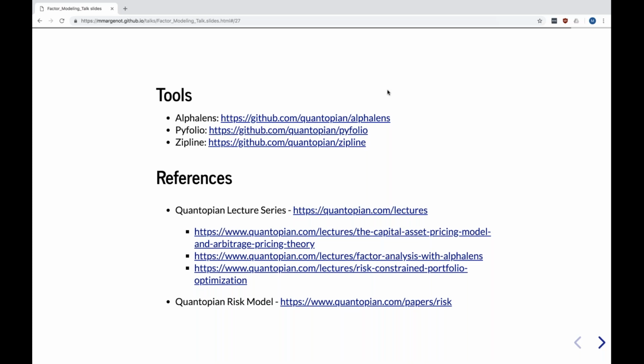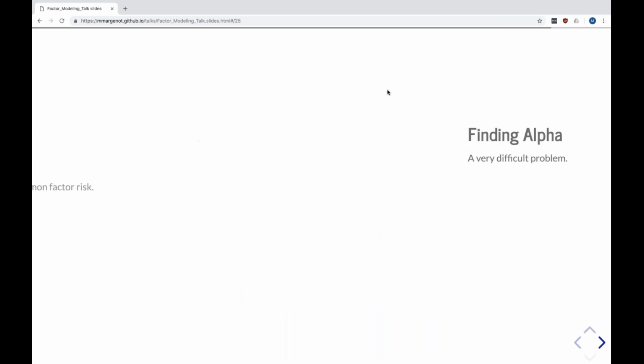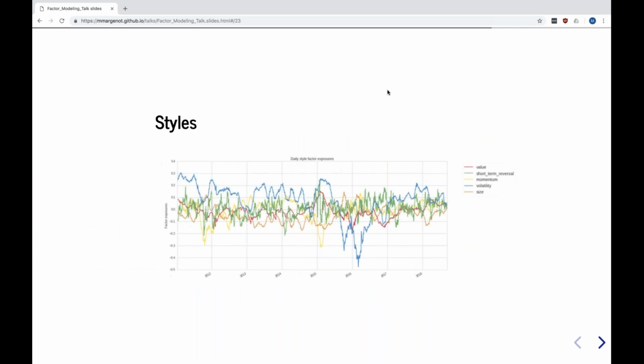For the tools that I used in throwing this together, AlphaLens is what we use for evaluating the predictive power of factors. That's available on our GitHub, and it's also integrated into our research environment. You can use folio for portfolio analytics. That's what I use to generate these risk factor decompositions from the stuff before. That's these guys.